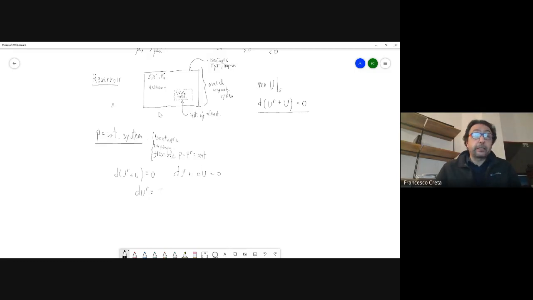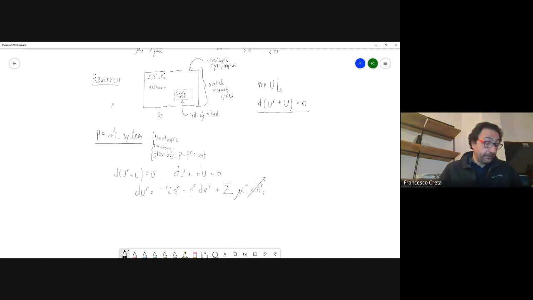We know that we can write it as T^R dS^R, so TdS, minus PdV, of course always with the superscript, and the sum of the chemical potentials, mu_i dN_i^R. Here mu_i and dN_i are the chemical potentials and the change in composition of the reservoir, superscript R. Now, it's impermeable, both here and here, so clearly there is no change in composition.